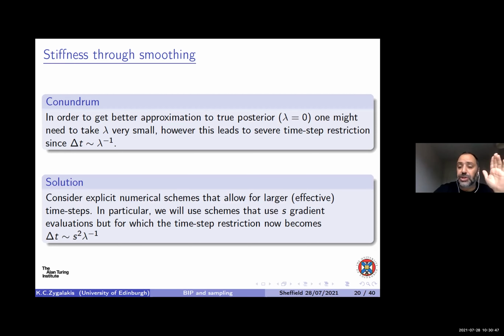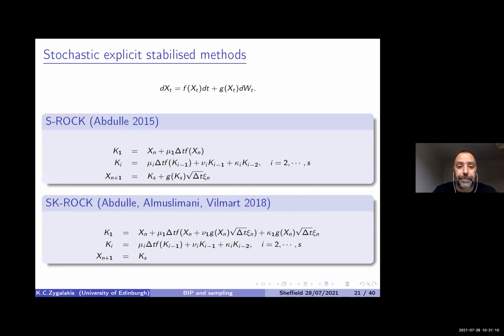But with these methods, again using S gradient evaluations, I can travel distances of S squared lambda to the -1. So for the same computational cost, I'm able to integrate much further into time, okay? Which partially solves the problem that as lambda becomes smaller, I have to take a smaller time step, okay?